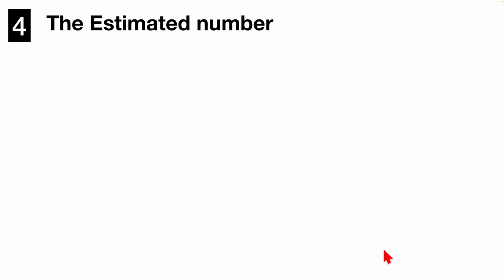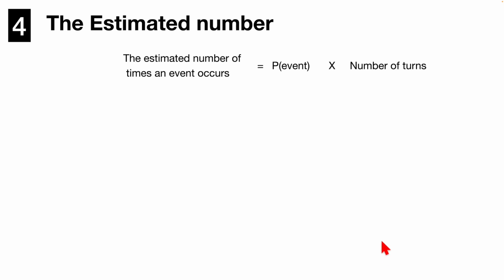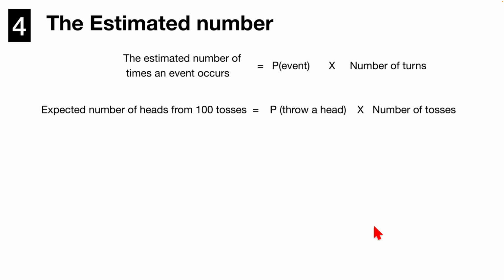The estimated number of outcomes, this is a funny little one. The estimated number of times an event occurs is equal to the probability of the event in a single roll or a go or a try times the number of turns. So it's easy to see this from an example. The expected number of heads from 100 tosses is the probability of throwing a head in a single turn, a half, times the number of tosses, 100, which is 50.